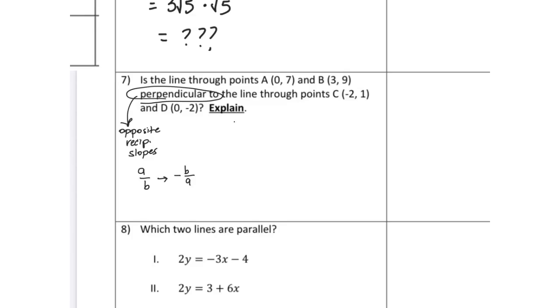For this, we will need to use the slope formula for a, b, and also for c, d. So you are using the slope formula twice, and then compare your slopes.